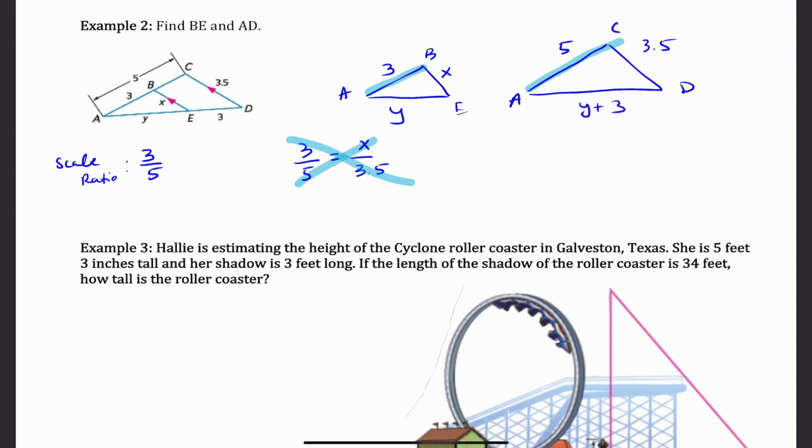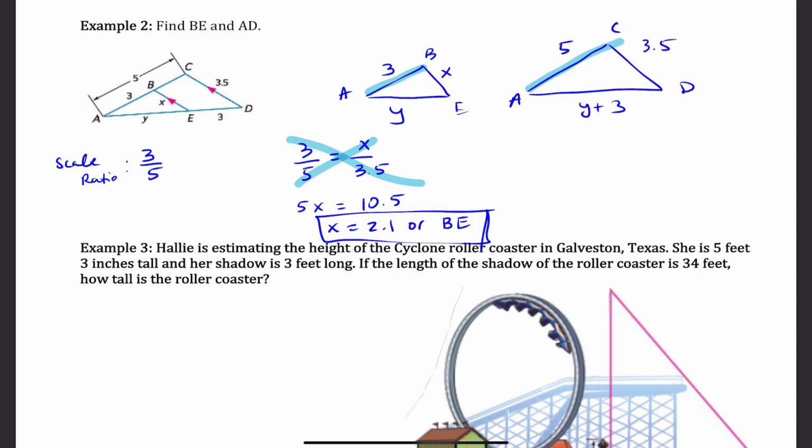Then I'm going to cross multiply. I get 5x equals 3 times 3.5, which is 10.5. So x is 2.1, or that is the measure of BE.